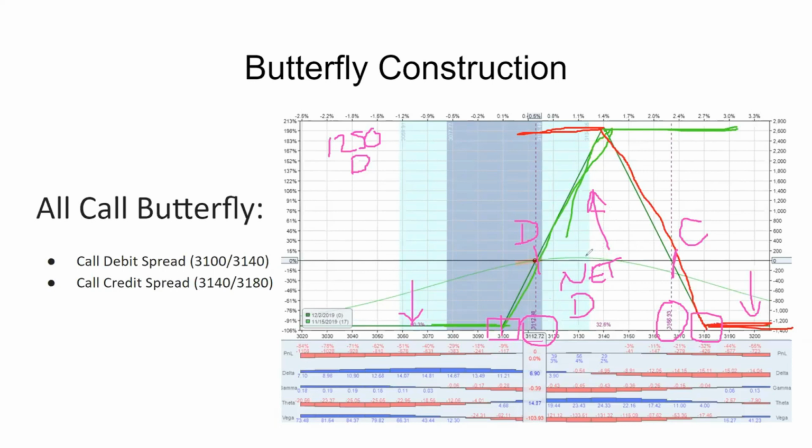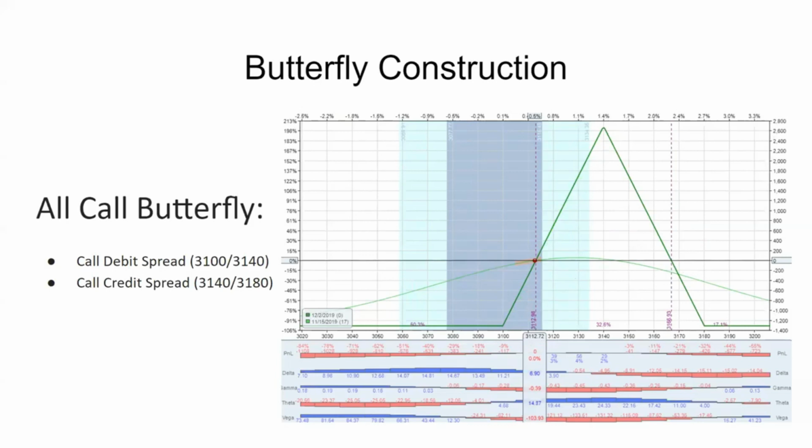That's number one. And number two, we need to size this position in a way that this 1250, which is what's at risk, if this is not a 100% risk trade, we need to assume that we can lose probably about 50% of this if we are wrong on the direction of the underlying.